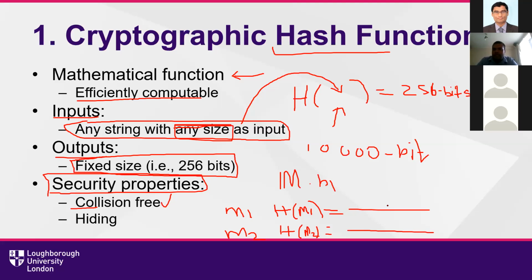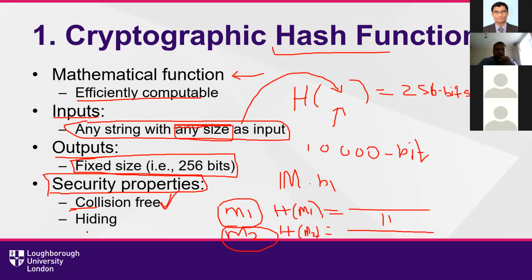Both of them are 256 bits. It is very, very difficult to find two messages that are different but output the same 256 bits. It is almost impossible to find that. That is called collision free. That's the first important property.